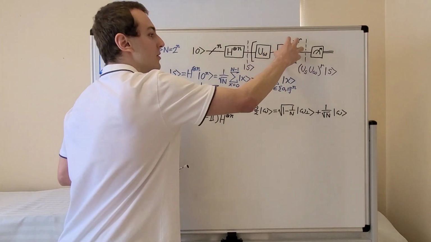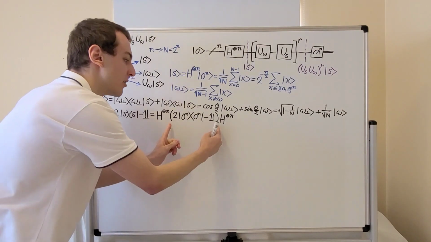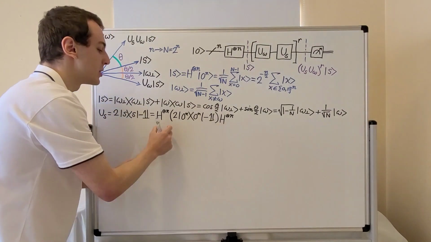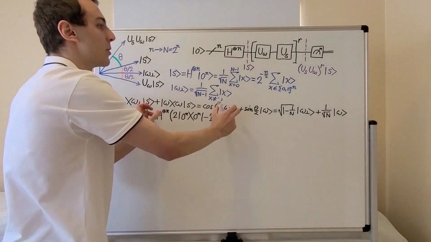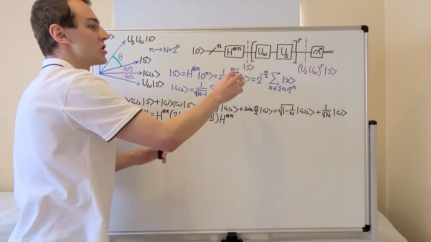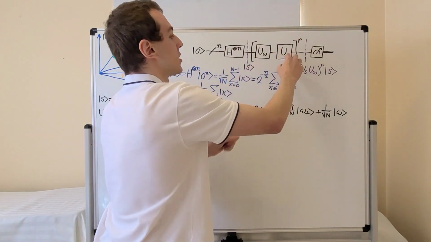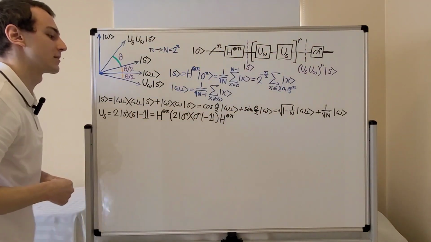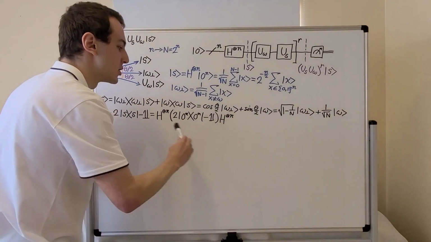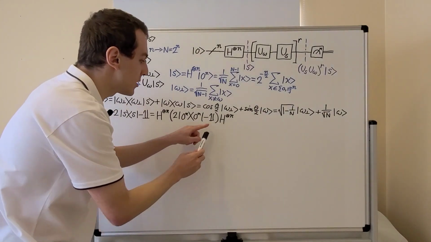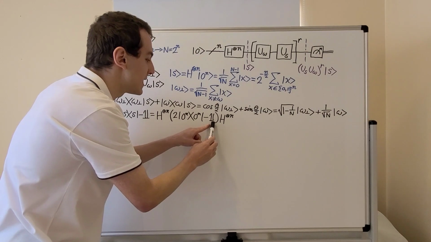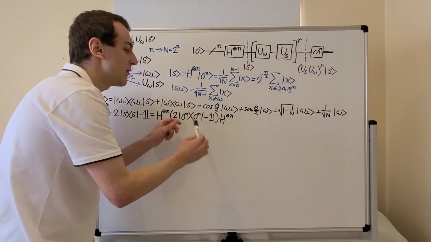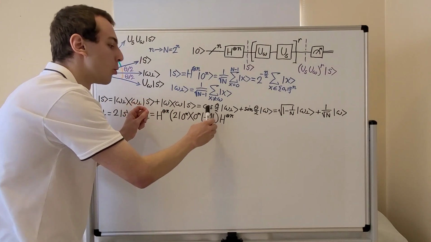So this U sub S over here, we can unpack that as this operator sandwiched between a collection of Hadamards on both sides. So we can take this combination and we can sandwich another operator to form U sub S. And what does this actually do? Well, if you consider this identity operator, this is minus the identity. So we have a minus sign on all of the terms.